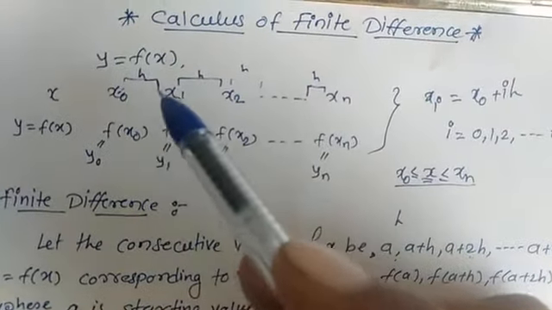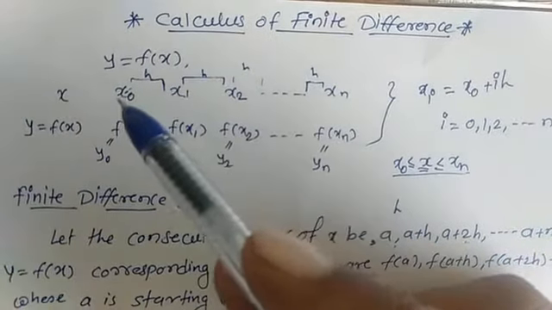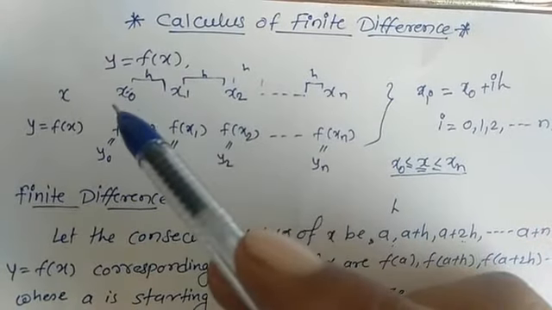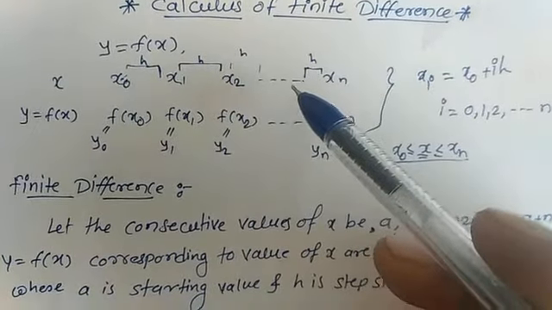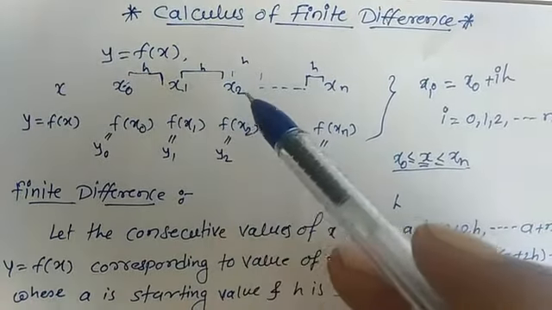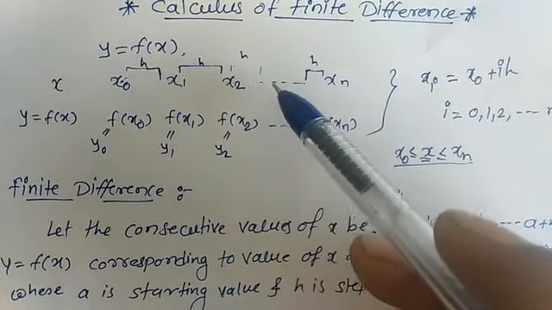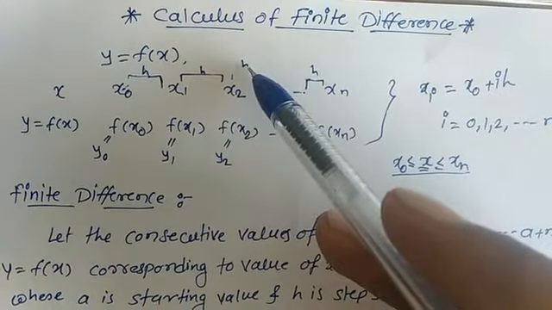And here in this unit we are considering that the difference between x1 and x0, x2 and x1, or xn and xn minus 1 is the same. That means the difference between x1 and x0 is h, x2 and x1 is also h, and x3 and x2 difference will be h.